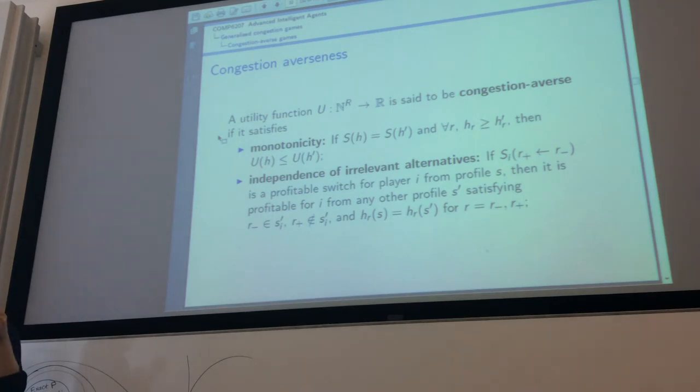That's monotonicity. Independence of irrelevant alternatives. We said if we have two resources with the given level of congestion, our preference should not be affected by what's going on elsewhere.